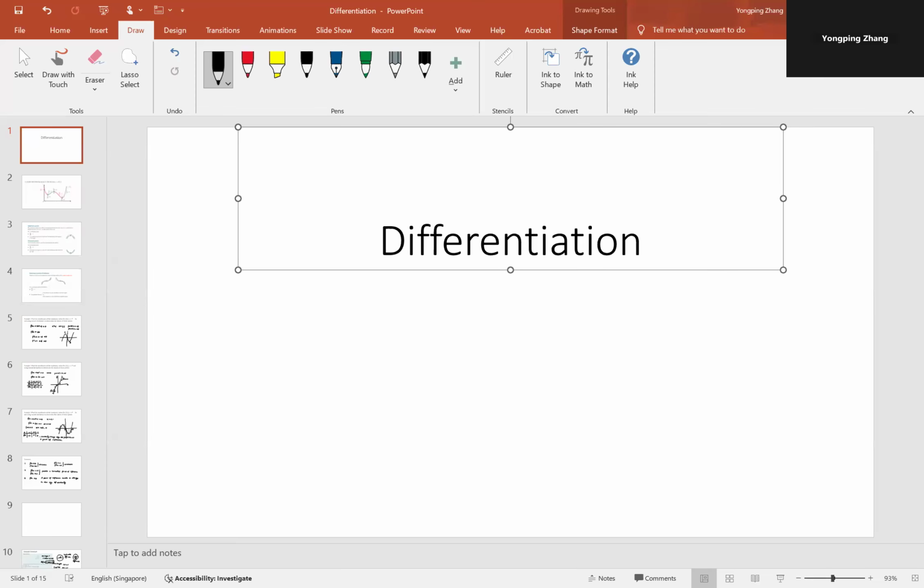Today we talk about differentiation, how to use the derivative to determine the function's nature.